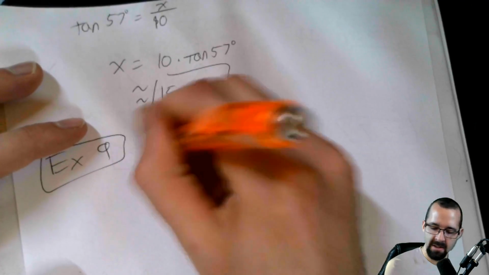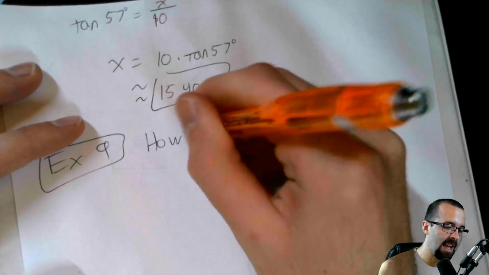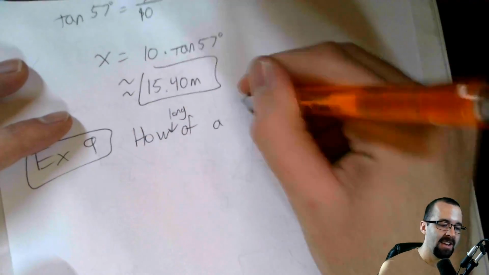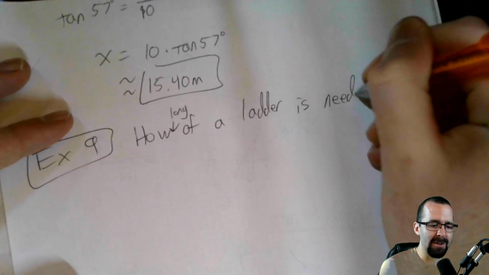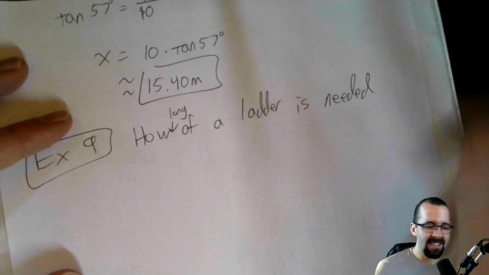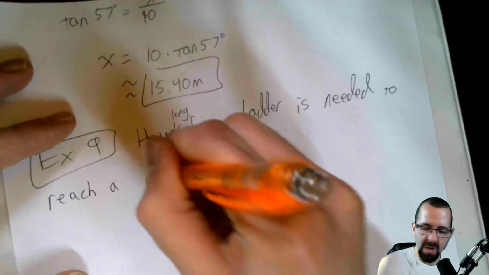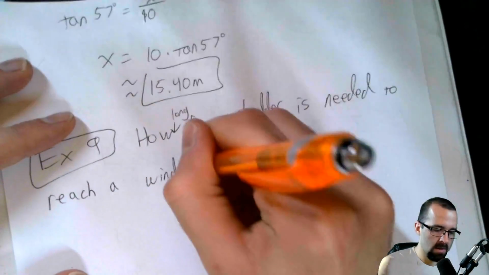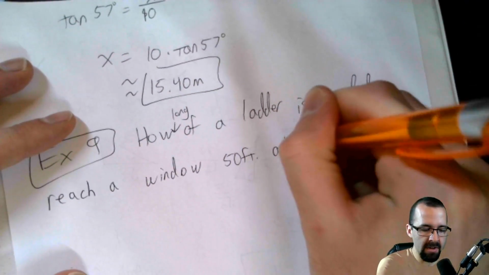So, how long of a ladder is needed, I'm looking at my notes, my grammar is terrible in my notes, is needed to reach a window that is 50 feet above ground.